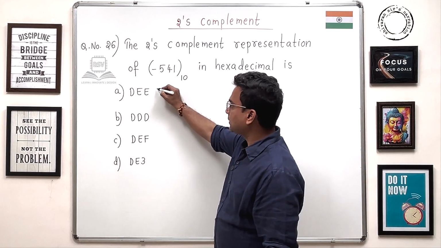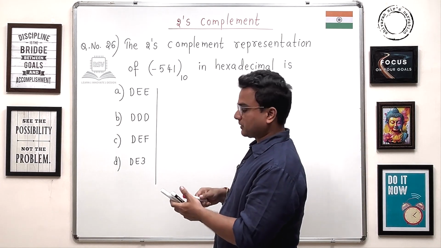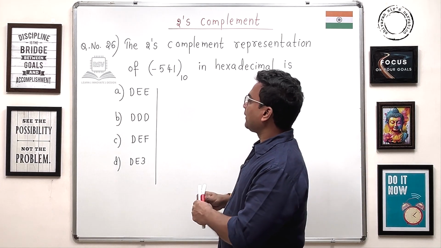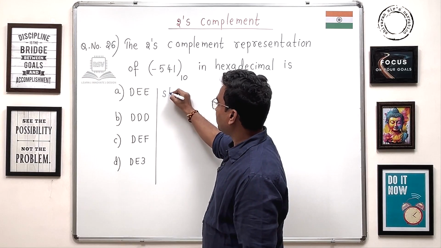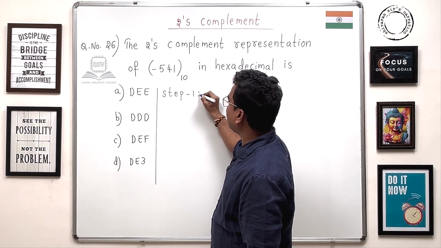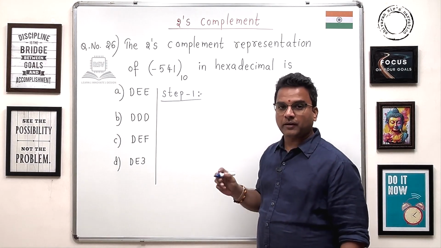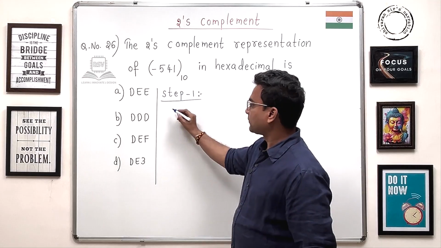It has two steps. Let's take them. Step 1. Even though they asked for a negative number, in step 1 we need to represent the positive number only.